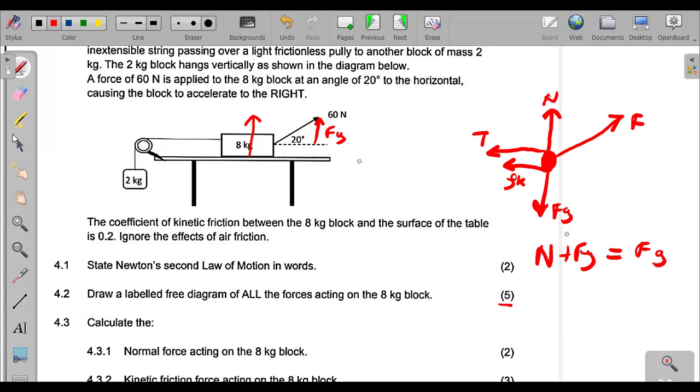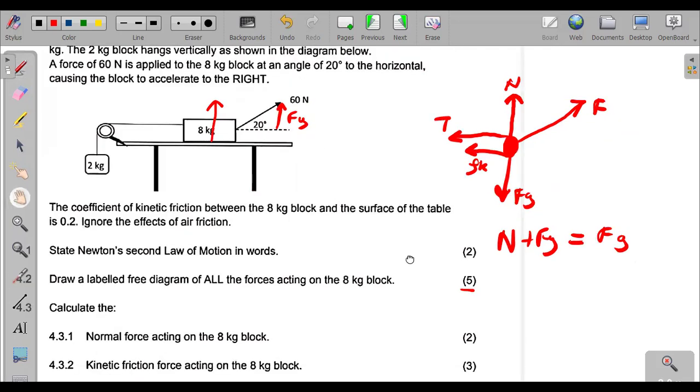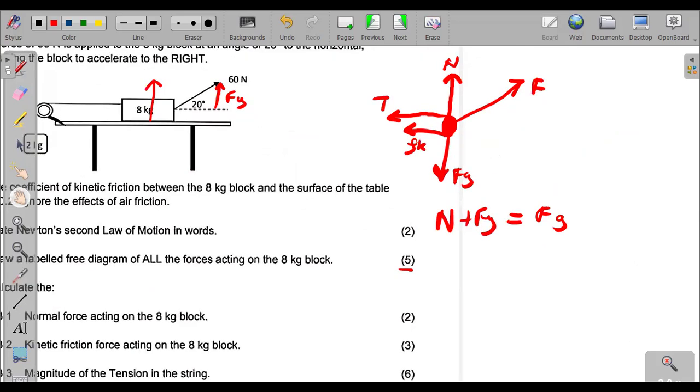So we can create an equation based on that, and make N the subject. N is equal to mg minus Fy, the vertical component of the applied force. So we calculate: the mass is 8, multiplied by 9.8, the gravitational acceleration, minus Fy.